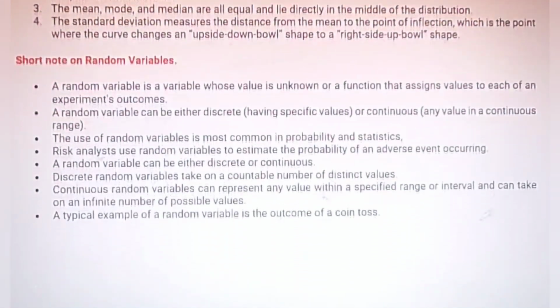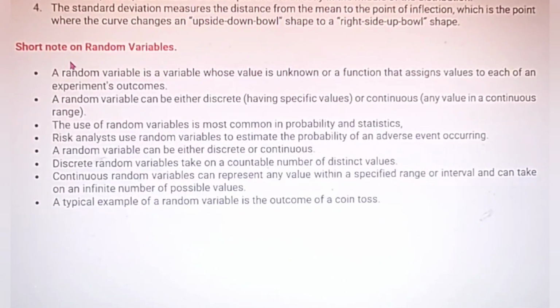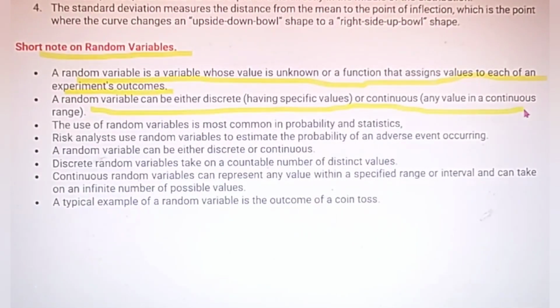Okay. The next concept here I have given is a short note on random variables. Now what are random variables? A random variable is a variable whose value is unknown, or a function that assigns values to each of an experiment's outcomes. A random variable can be either discrete, meaning having a specific value, or continuous, that means any value in a continuous range.